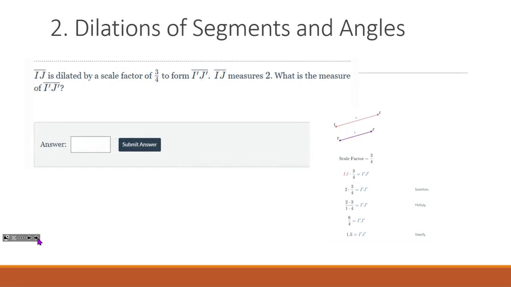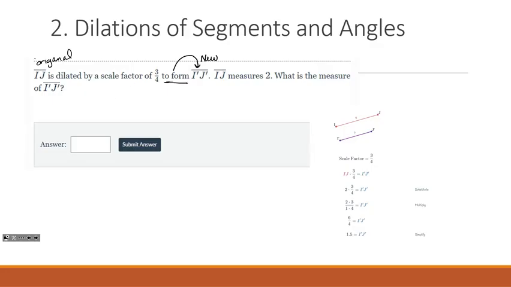Okay, next one. IJ is dilated by a scale factor of, to form. To form means that this is going to be the new line. This is the original or the old line.